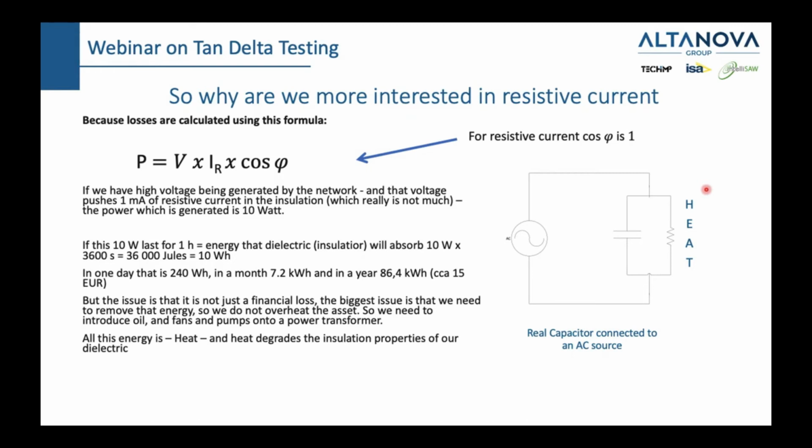That heat is problematic because the heat has a detrimental effect on the insulation. Let's say if you drive a car, every car has a cooling system.